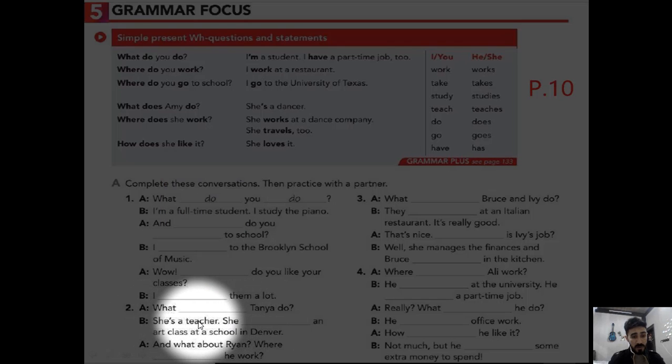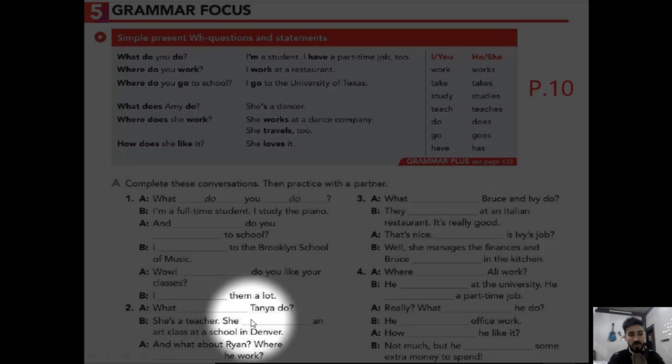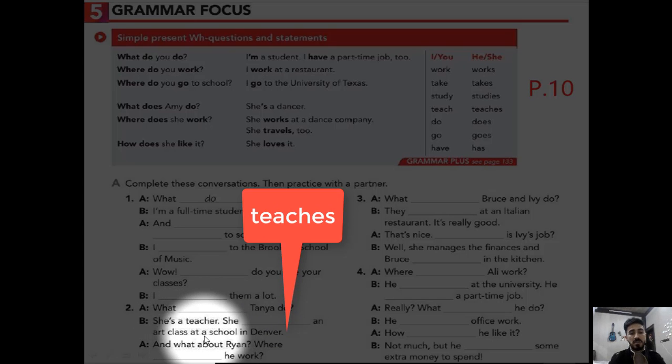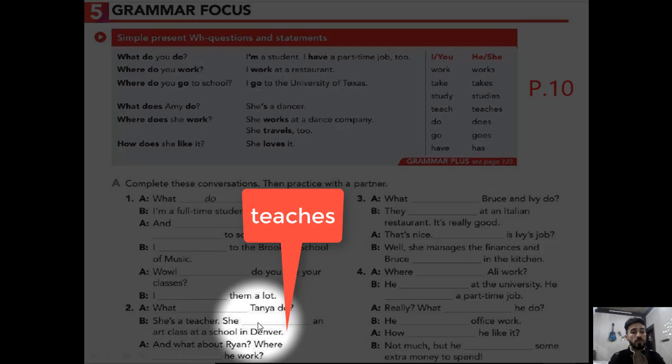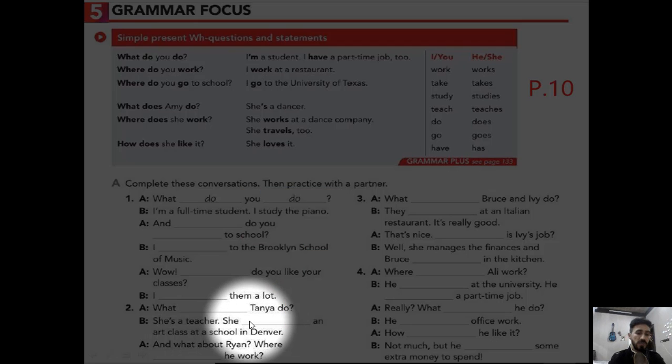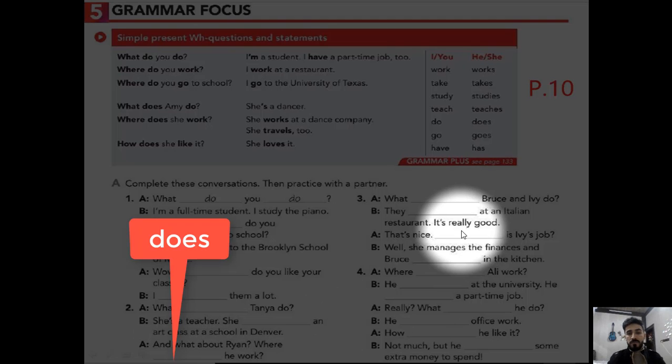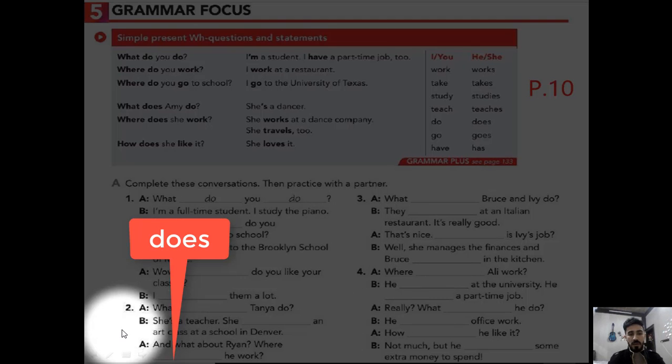Teacher is a noun, so we change it to a verb. She teaches an art class at a school in Denver. We have to add s to teach because the subject is singular. She teaches. And what about Ryan? Where does he work? That's the end of the second example.